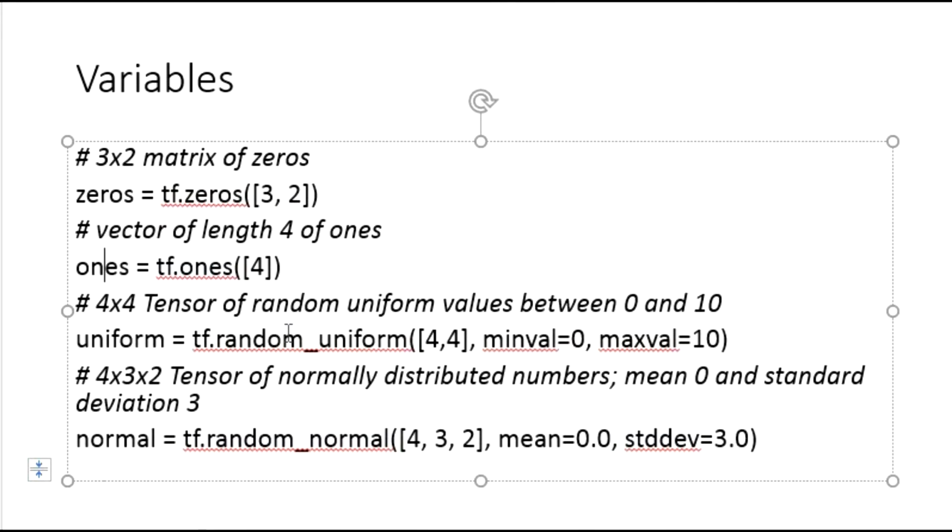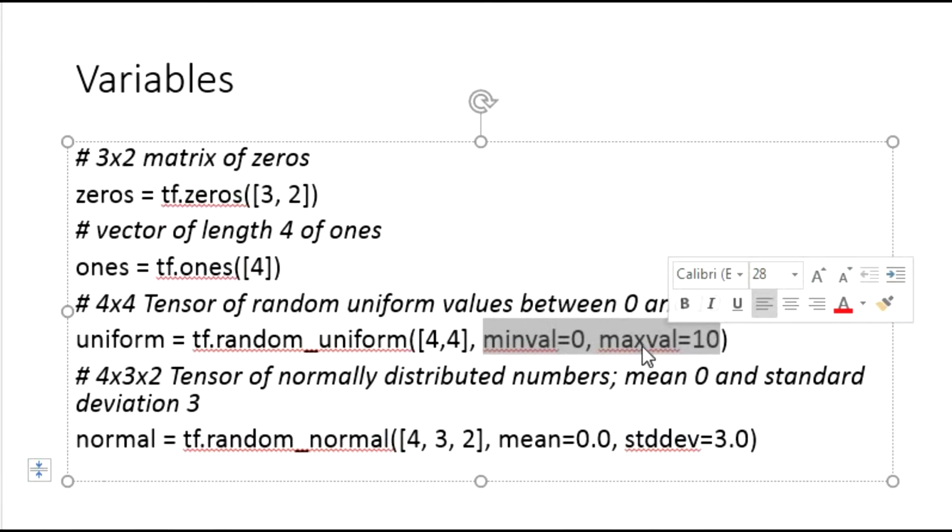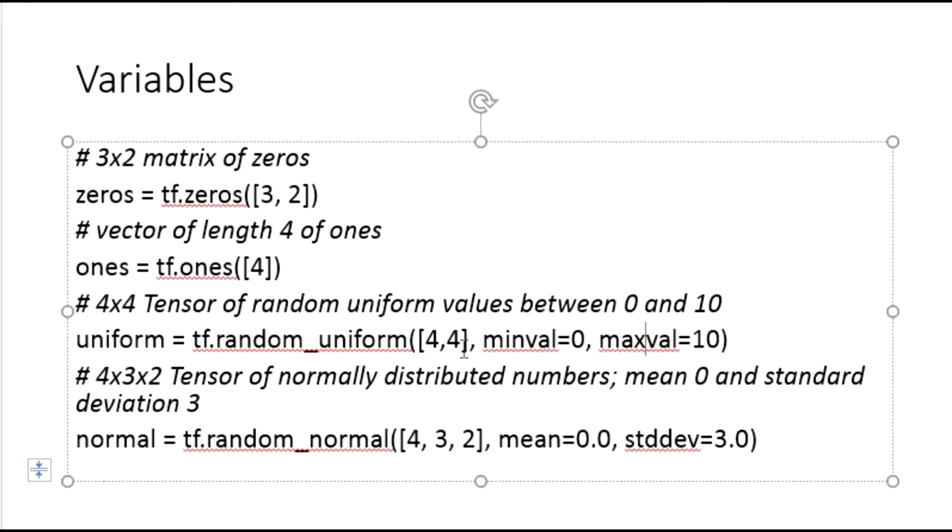This example is going to generate random uniform numbers, a 4 by 4 matrix of random uniform numbers. So the minimum value is going to be 0 and maximum value is going to be 10. So these random numbers will be generated in this range, and the output will be this tensor, and then you can use this tensor to create a new variable.